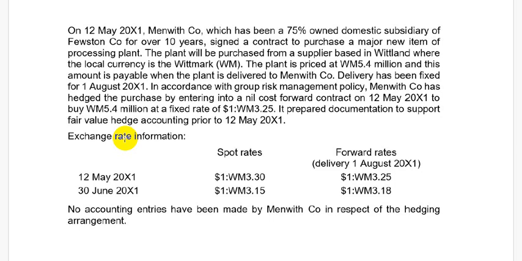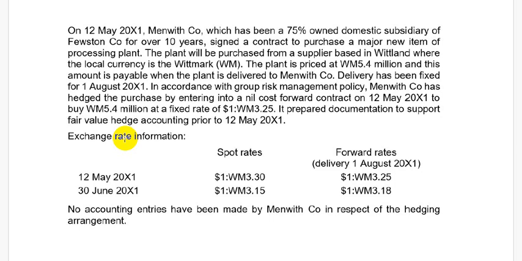Subsidiary of FCOR for over 10 years, signed a contract to purchase a major new item of processing plant. The plant will be purchased from a supplier based in Wheatland, where the local currency is the Wheatmark, abbreviated WM.